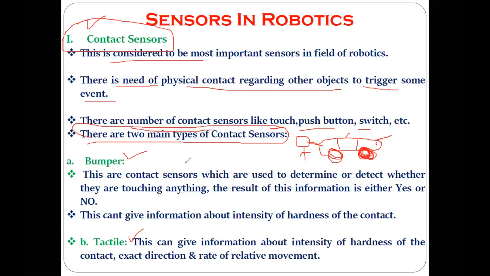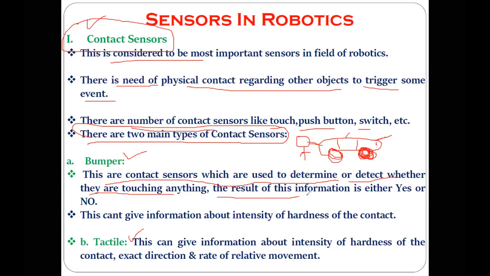There are two types, the bumper and the tactile sensor, and there is an exact difference between these two sensors. Bumper sensors are contact sensors used to detect whether they are touching anything.